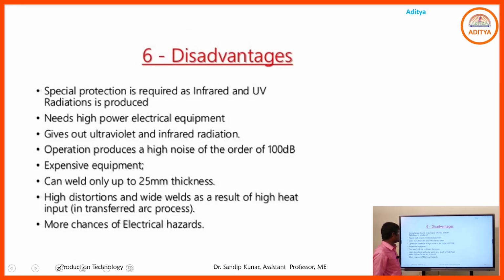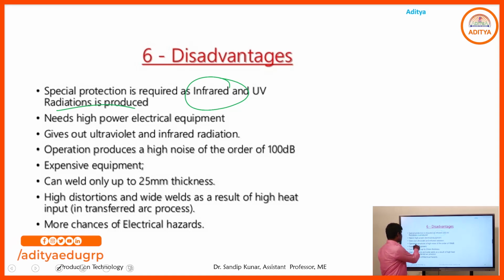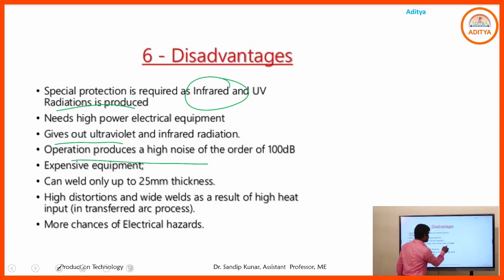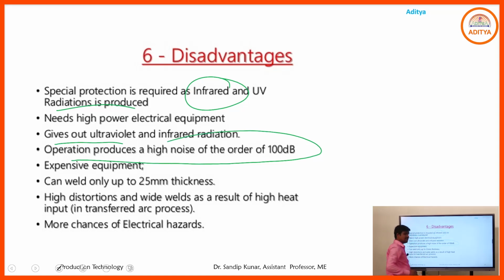What are the disadvantages? Special protection is required from infrared and ultraviolet radiation. It needs high power electrical equipment, and ultraviolet and infrared radiation is generated, so protection is necessary. The operator is exposed to high noise, on the order of 100 decibels. The equipment is expensive; a plasma arc welding setup is very costly.